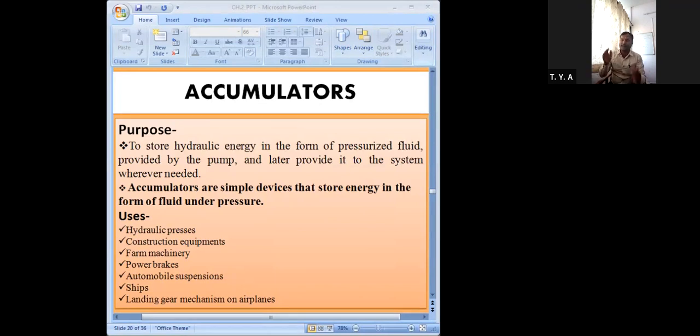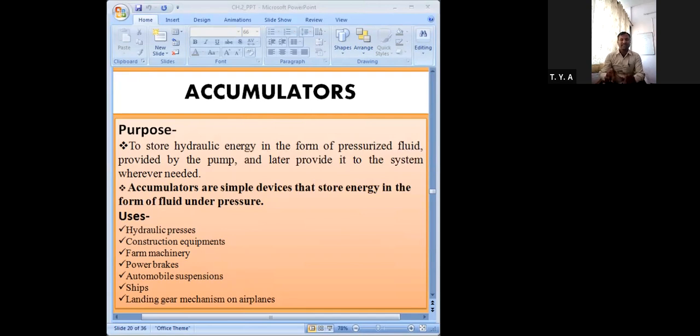During that period of downward motion, the hydraulic energy from the pump, in the form of pressurized liquid, you need to store. To store that hydraulic energy, we need one reservoir, and that reservoir is the accumulator. That is the simple basic function or purpose of this accumulator.